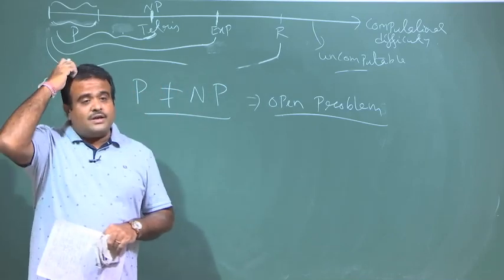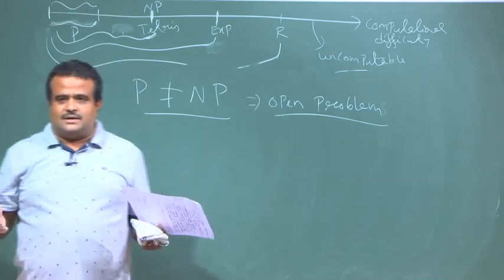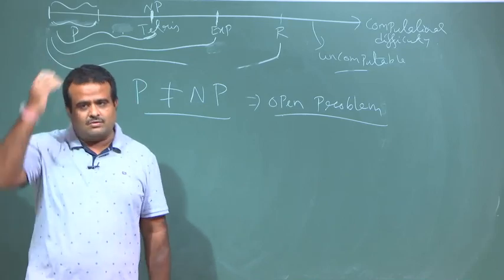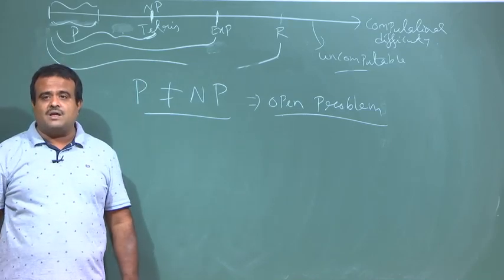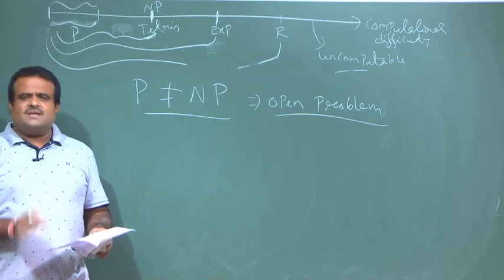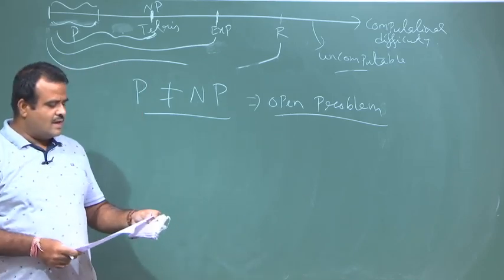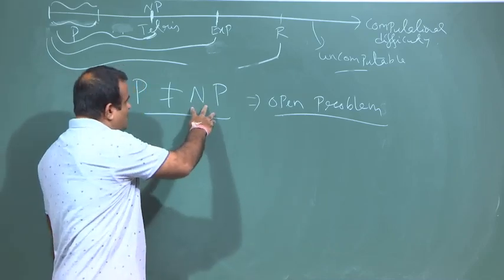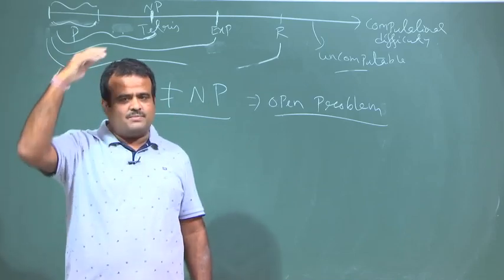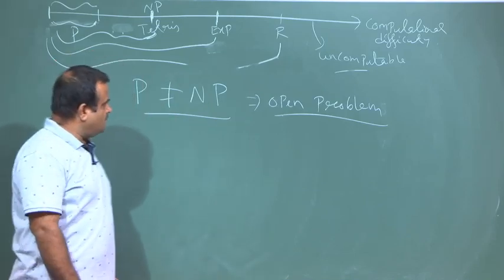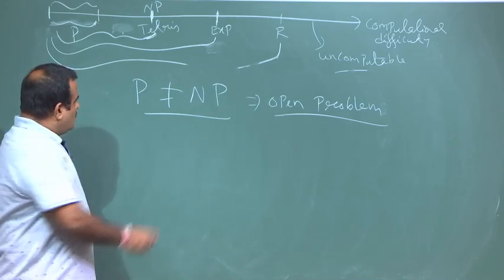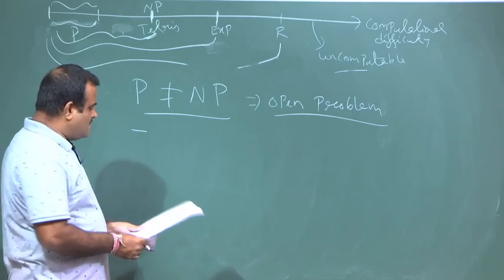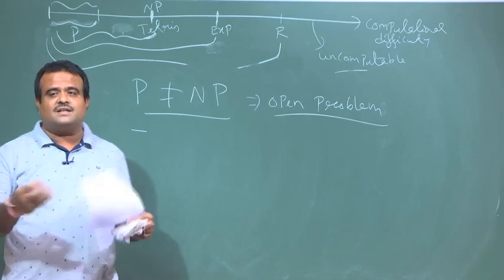Our intuition is that these should not be equal sets. People have tried to prove whether they are equal or not equal, but there is no proof so far that P is not equal to NP. But this is a conjecture that we have: NP must be the bigger, harder set of problems than P. Another way to say this, if we believe P is not equal to NP, is that we cannot engineer the guess.